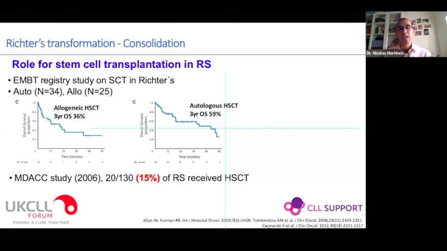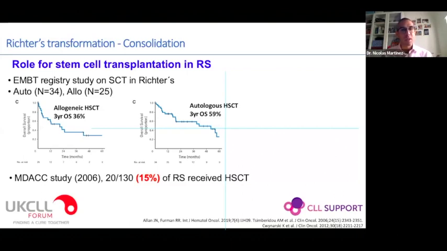So this has led to at least a recommendation to consider consolidation with transplant in patients with Richter's who have achieved a remission. The level of this evidence is not as strong. This is obviously a retrospective study from the EBMT, but this is something to consider in younger and fitter patients. You might want to consider it, and I don't think you'll be criticized for doing this at all.